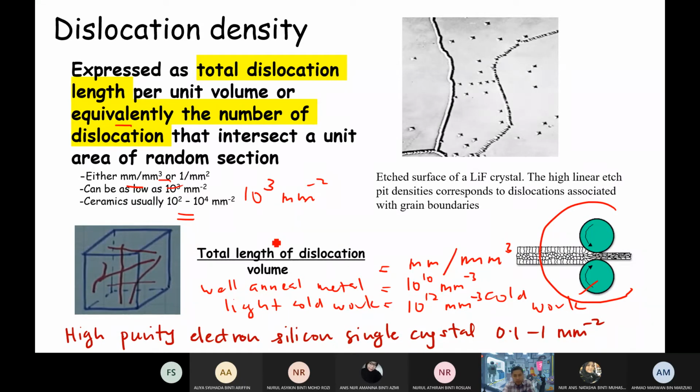But when we apply a heavy cold work, the dislocation density can increase up to 1,000,000 times compared to a well annealed metal. So we can say that a plastic deformation increase dislocation density.